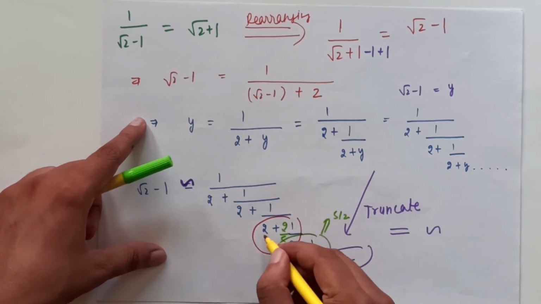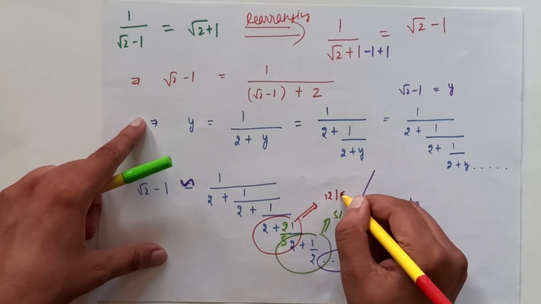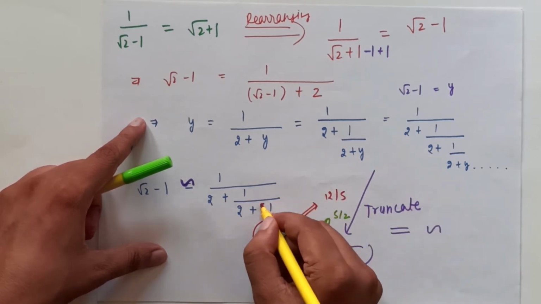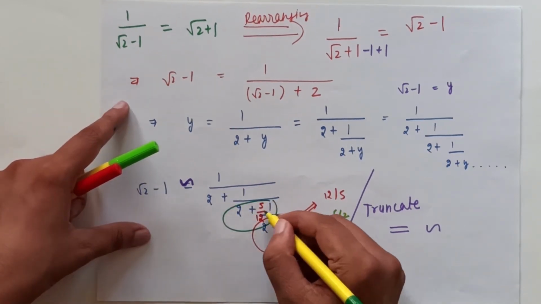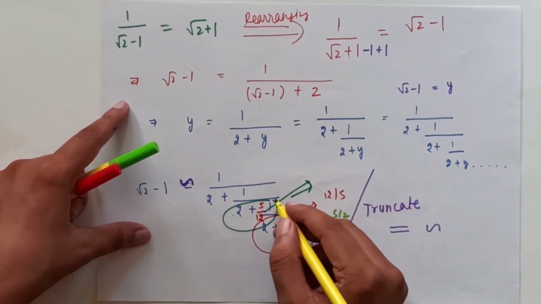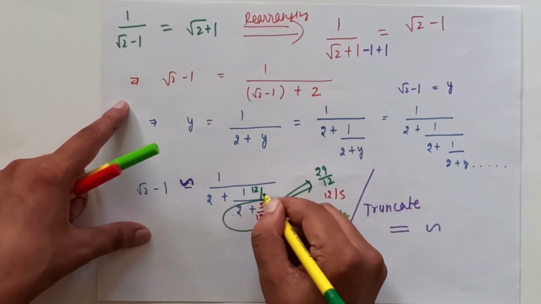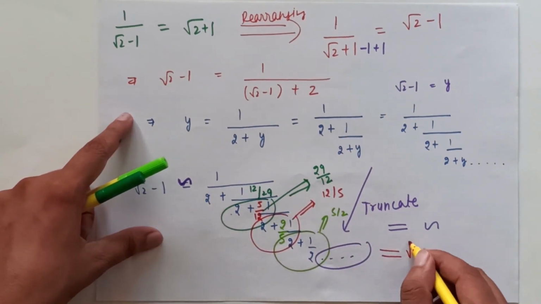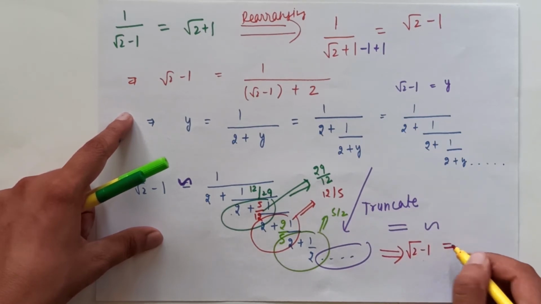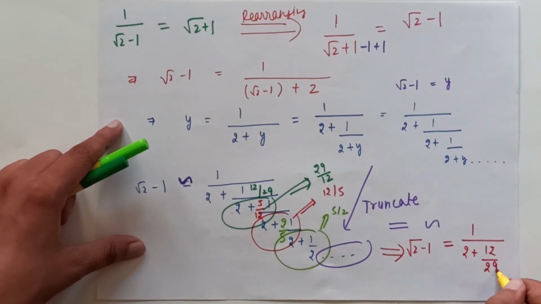This will become 10 plus 2, that is 12 upon 5, and if we reverse it here, we will get 5 over 12. Then we will get 24 plus 5, 29 divided by 12, and if I flip it, we will get 12 over 29. Now this whole expression I can say root 2 minus 1 simplifies to 1 over 2 plus 12 over 29.